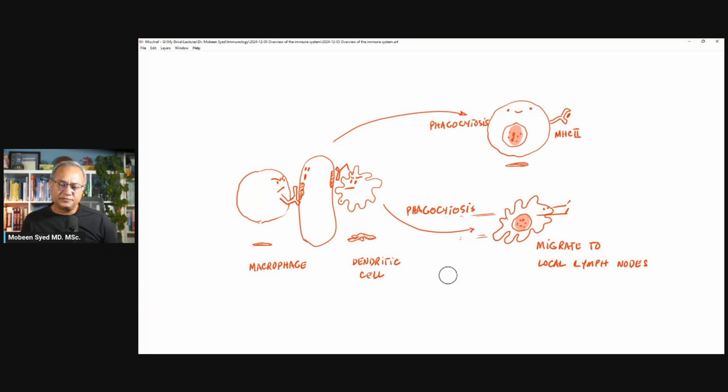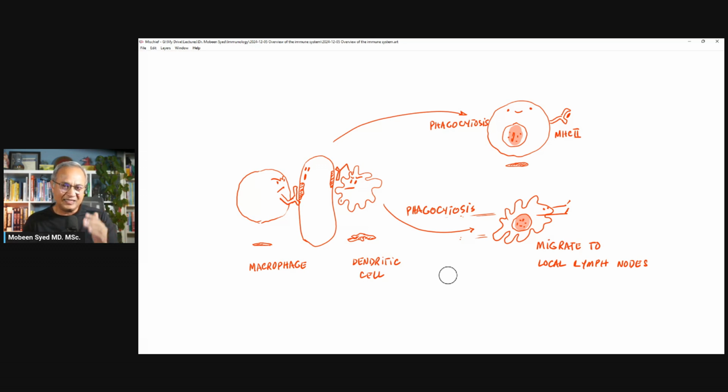Assuming that the baby is of enough age that his or her immune system is now functioning. In the beginning, when they're born, their immune system is weak. It's not functioning very well. So imagine the baby is, let's say, 2 years old. Now their immune system is working. And the baby got exposed to streptococcus for the first time.